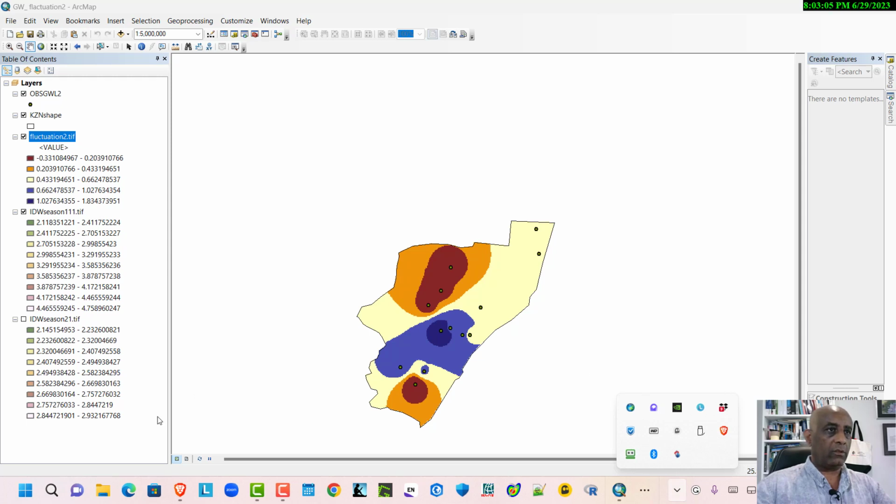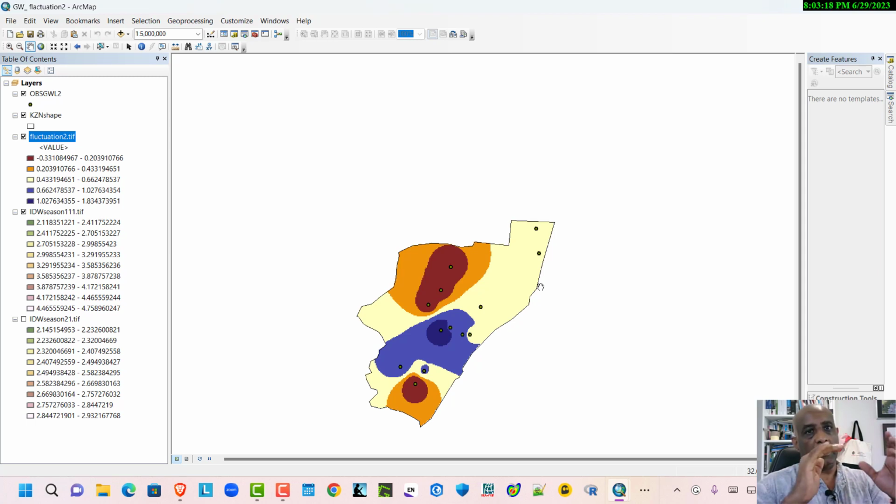That's it in KwaZulu-Natal. I got the information from the groundwater log of KwaZulu-Natal, but I simply added some data to analyze using ArcGIS. So that is it. This is the result.